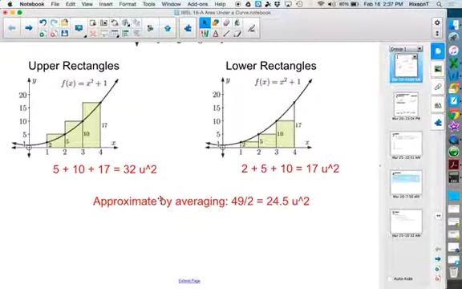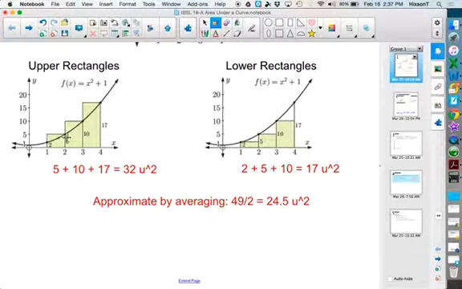Okay, we have 2 ideas here. One would be to find kind of the middle, and those are the middle rectangles. That's a third option here. I'm not going to do that whole option, but if you take a look, we can make other rectangles, but instead of going to one side or the other, we could do it with the same width, but going to wherever halfway through was.